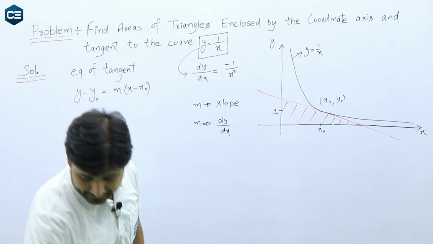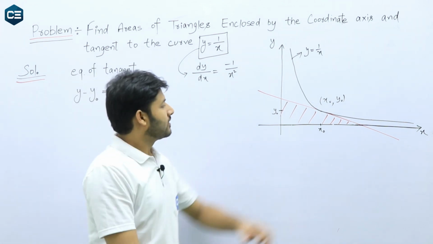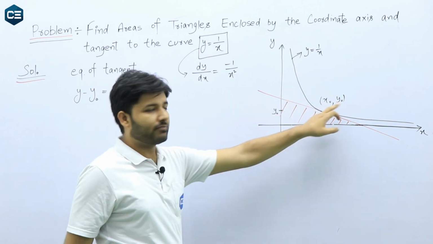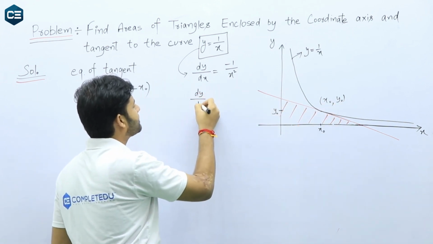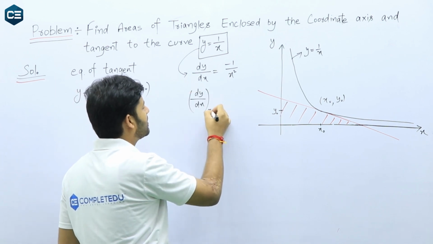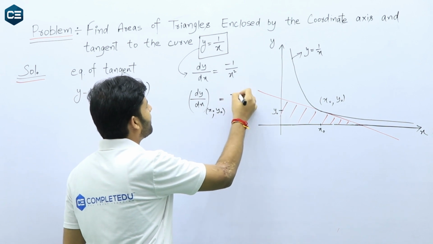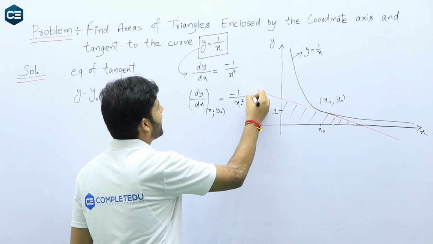And we are using this touching point x0, y0. So the value of the derivative at x0, y0, dy by dx at x0, y0, is equal to minus 1 upon x0 square. This is our m.